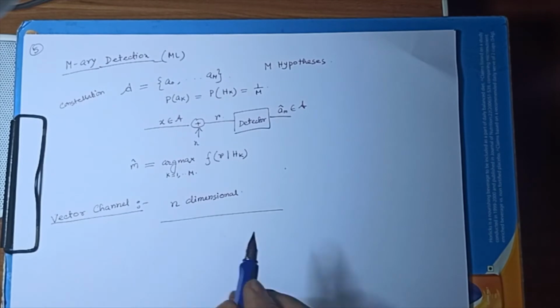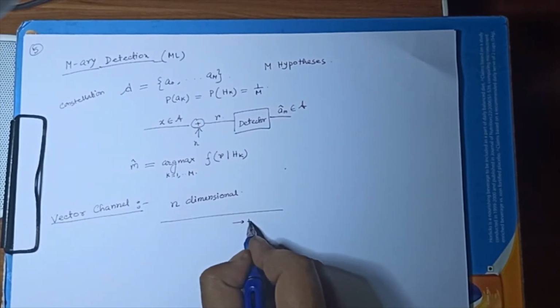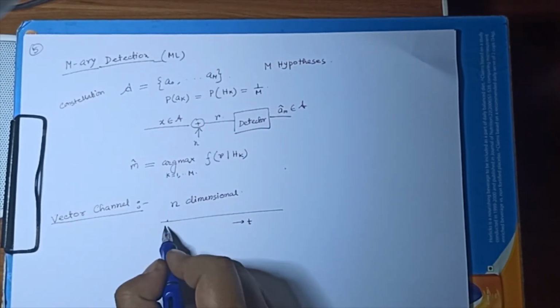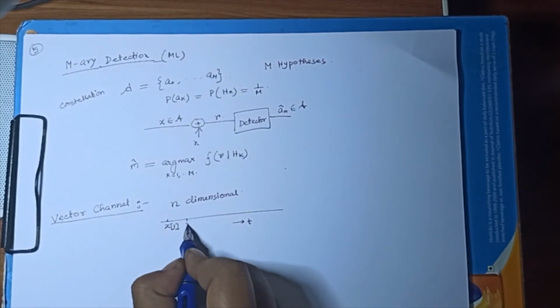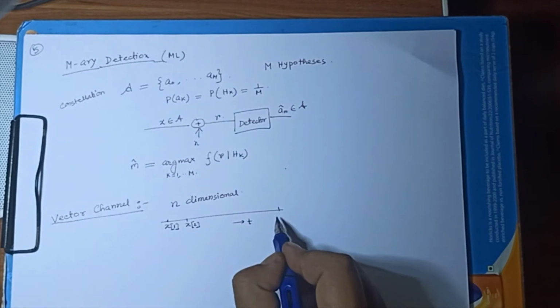So if it is PAM, suppose this is the timeline, you are basically choosing the symbols like this, x1, x2 up to say xN.